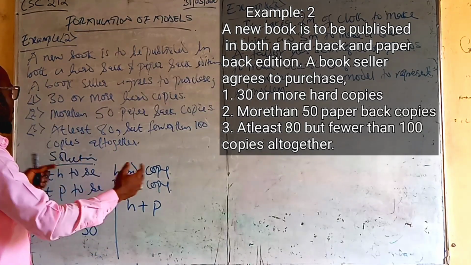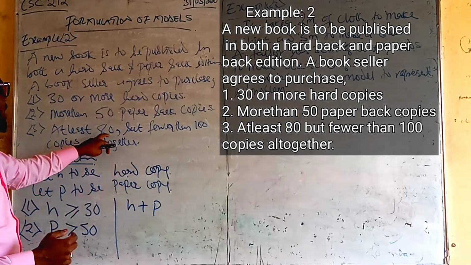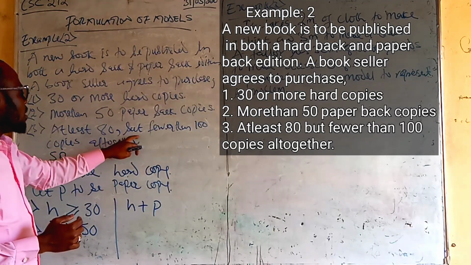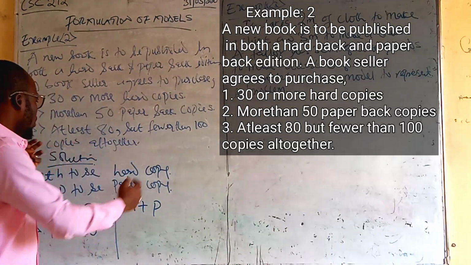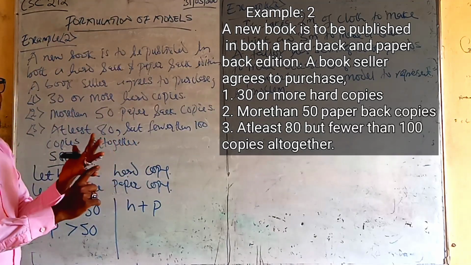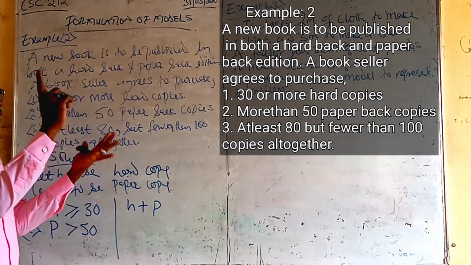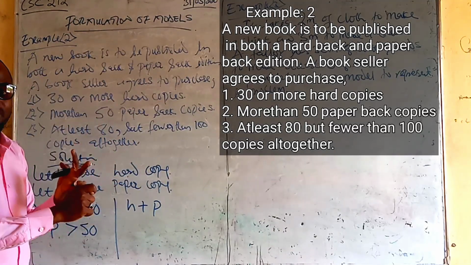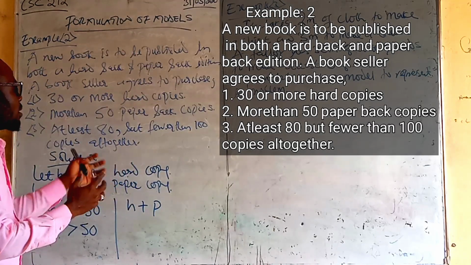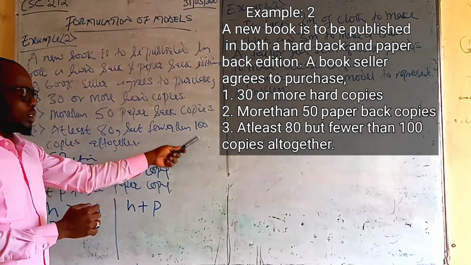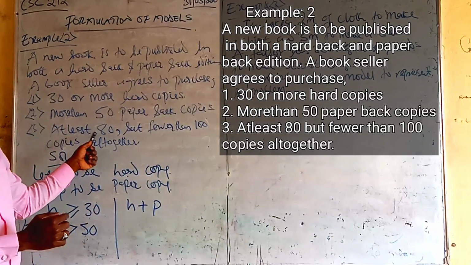Here, the bookseller is going to purchase at least 80 copies, but fewer than 100 copies altogether. That is the combination of both paper and hard copies that is going to be purchased, but they are going to be fewer than 100, though he is required to purchase 80.